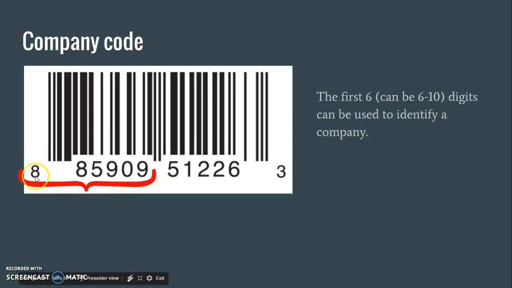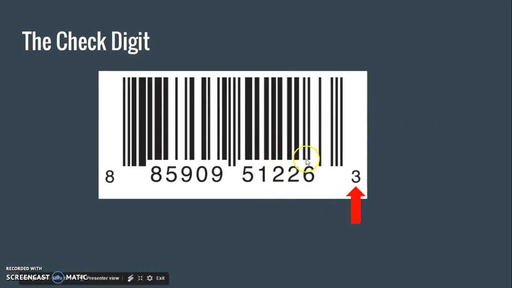Each company has to go to the UCC and request some UPC codes in order to put them on their products. Each company has a unique code, so this will always be on every single one of theirs. And then the rest of them right here are different numbers that are specific to different products.